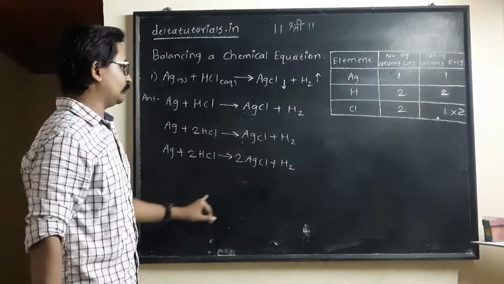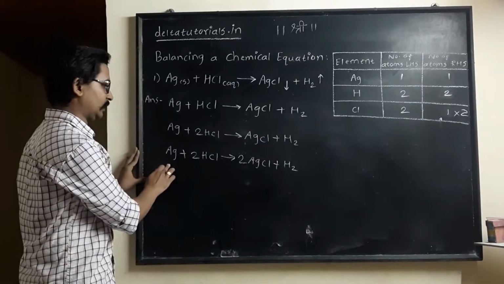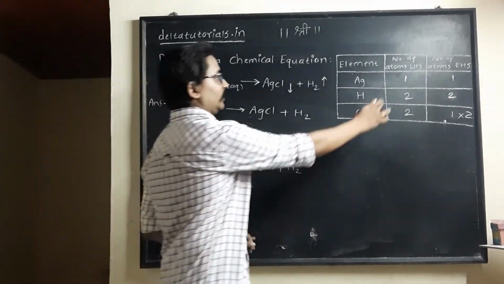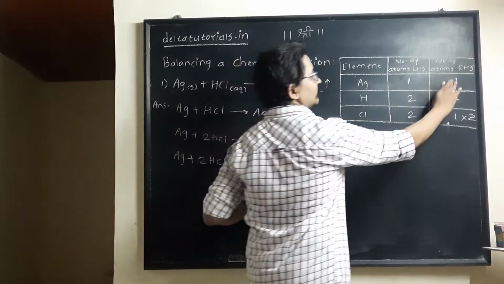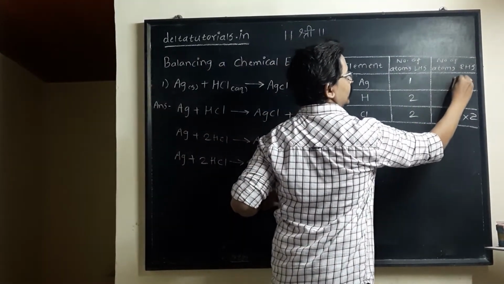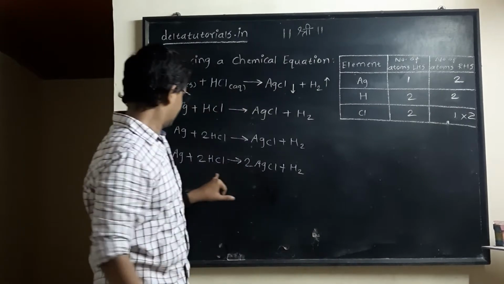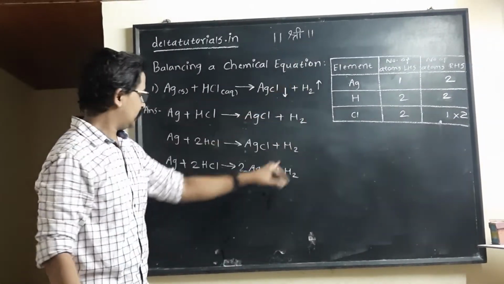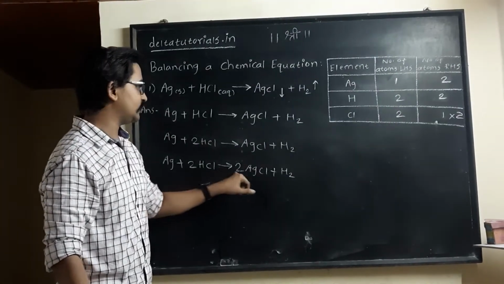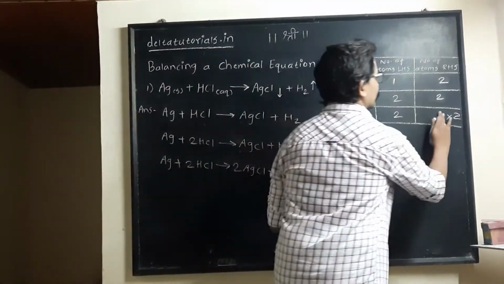So again if you update the table, Ag is 1 atom on the left hand side, but on the right hand side you can see 2 atoms of silver are now there. Hydrogen 2, here also 2. It is balanced. In case of chlorine, 2Cl, 2Cl. So chlorine is balanced.